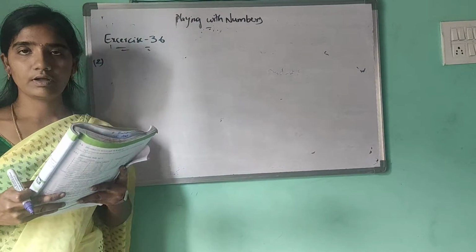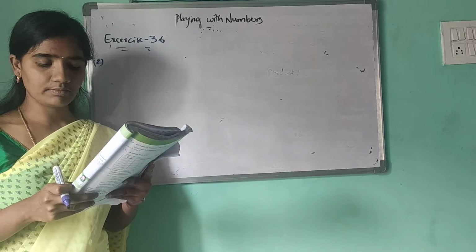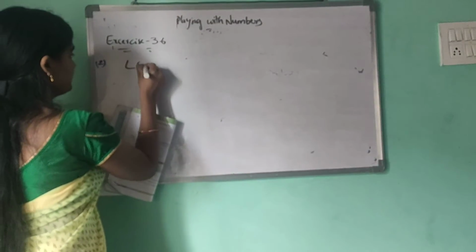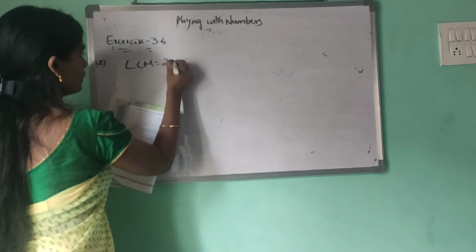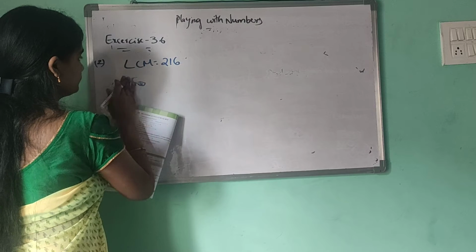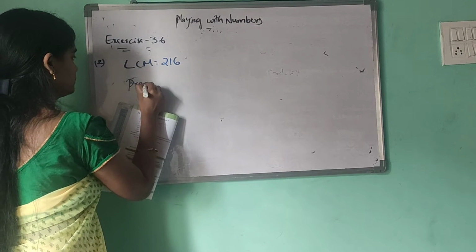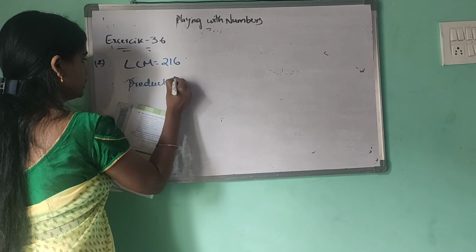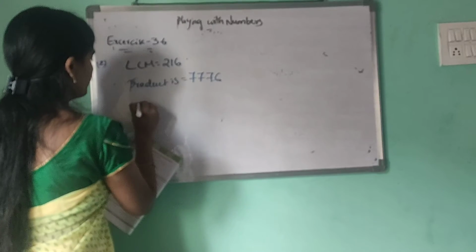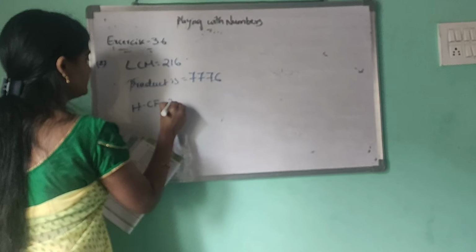Here the LCM and the product are already given. Find their HCF. The LCM is 216 and their product is 7776. We have to find the HCF.